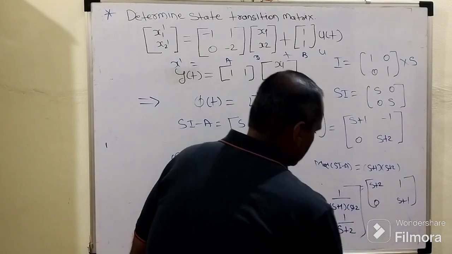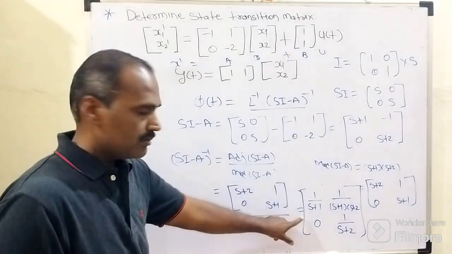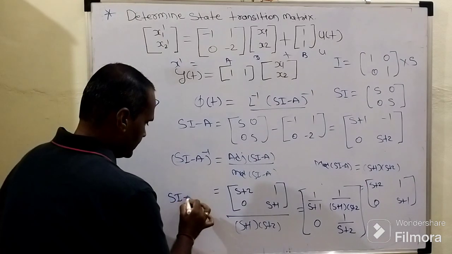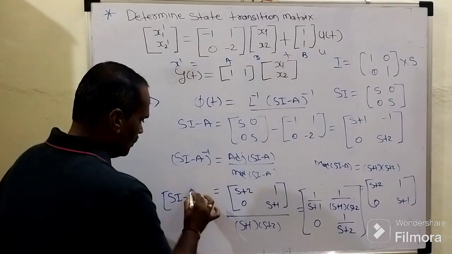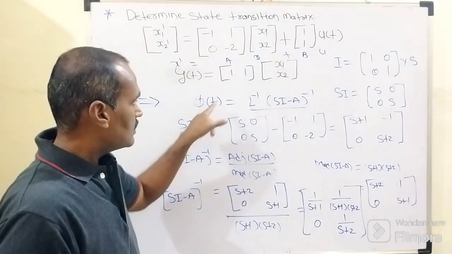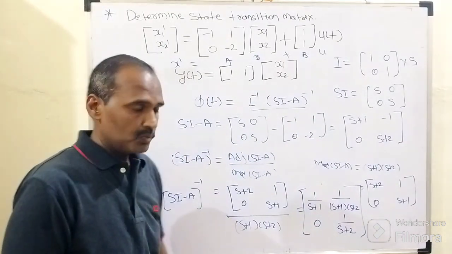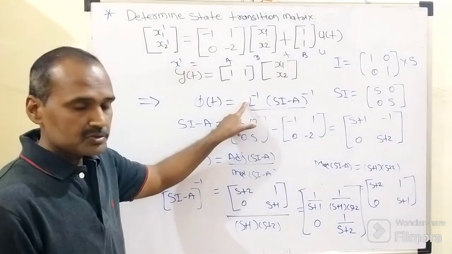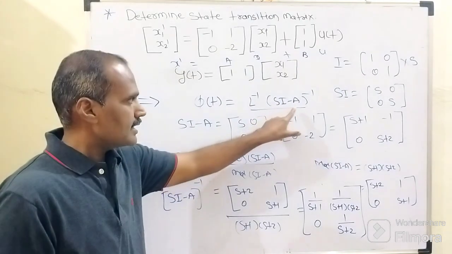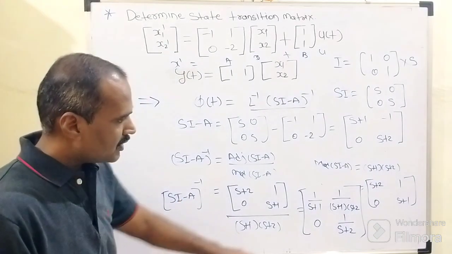When we put all these elements into the matrix, this whole matrix is (sI minus A) whole inverse, in order to declare the state transition matrix, which was our objective. So the state transition matrix equals the inverse Laplace of this whole statement, (sI minus A) inverse.